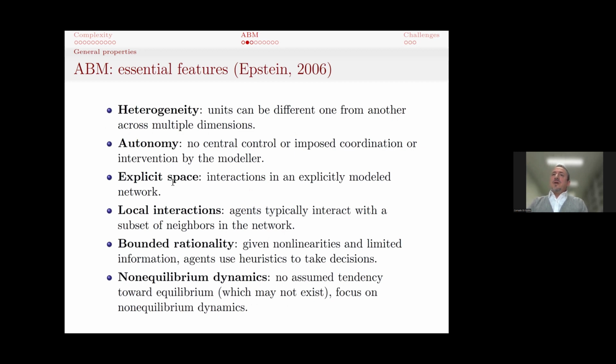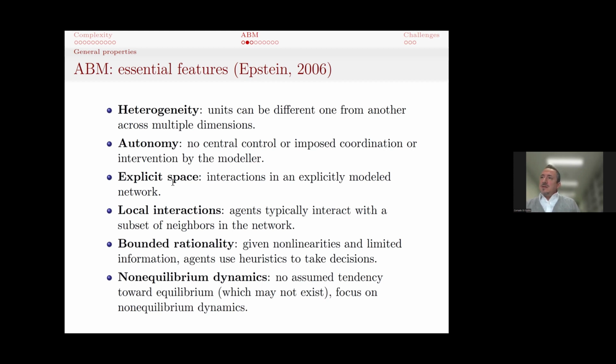So from this definition, we have a number of features that we can isolate. First of all, agents are heterogeneous. If we have all identical agents, life wouldn't be so interesting. We have autonomy. Once the modeler defines the rules of behavior of agents and the rules of interaction among agents, no other intervention should be done or is required.